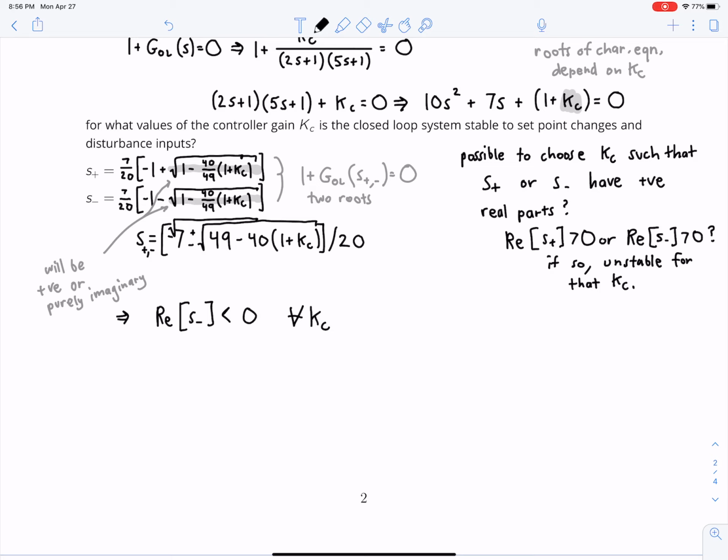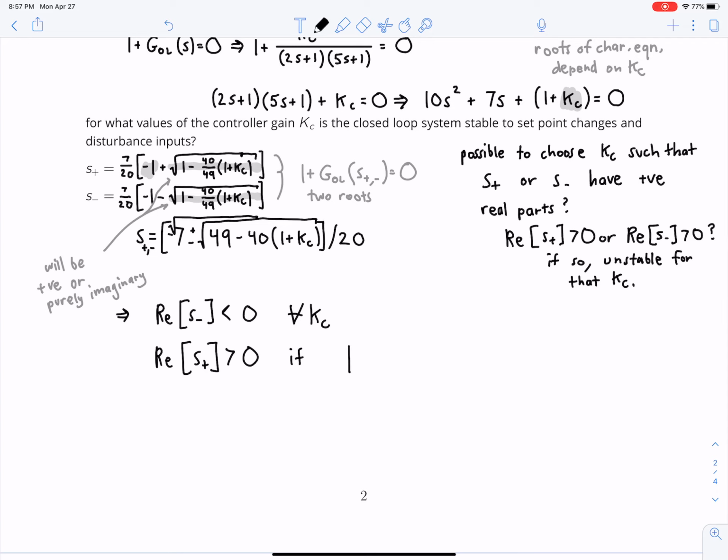s plus, however, can be greater than 0, because look, you have a minus 1 right here, and if you add a positive number to it, if the number on the right is bigger than 1, then it will be positive overall. So if we have 1 minus 40 over 49, 1 plus Kc, and this is bigger than 1, that is, if 1 plus Kc, and then the sign switches, is less than 0, or if Kc is less than minus 1.